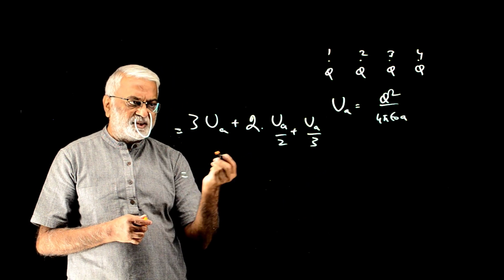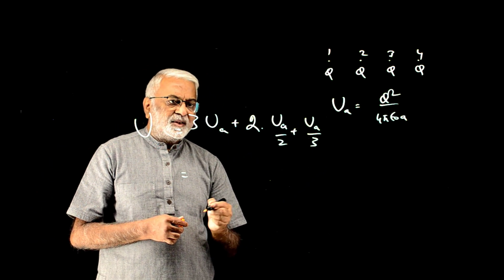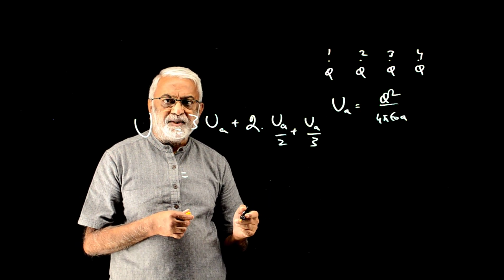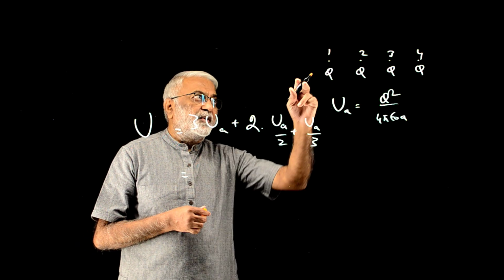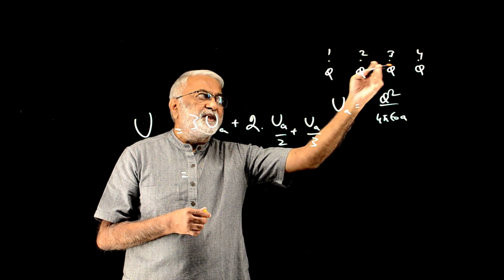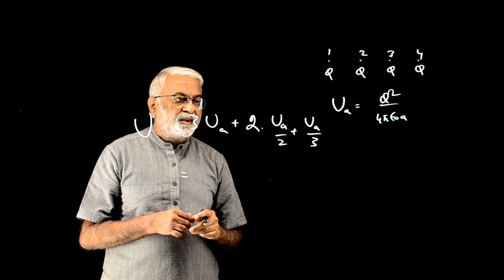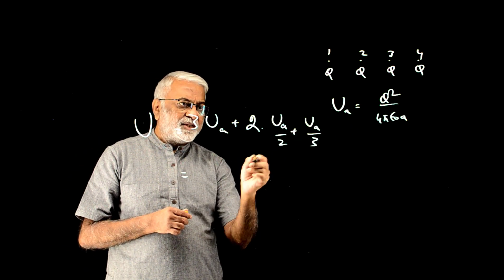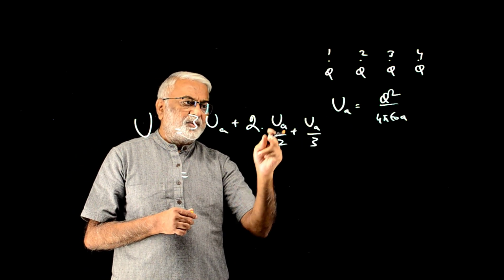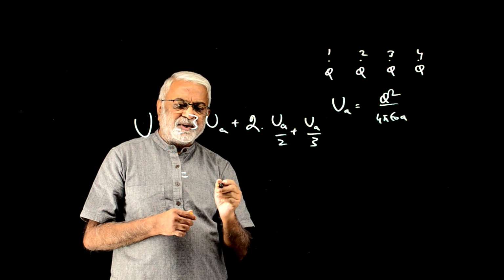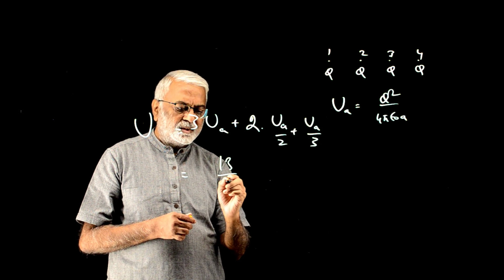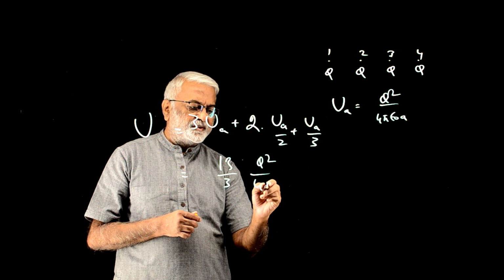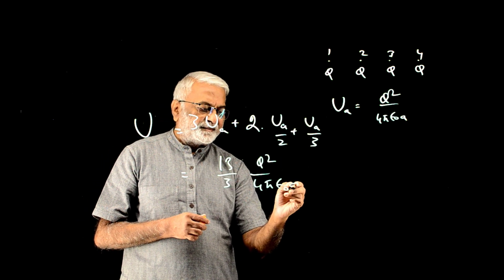This is a much easier calculation, right? So no halving here because we have not duplicated the pairs. That's 1 2 and not 2 1, 1 2, 2 3, 3 4, 3 pairs there. Then this is UA, that's Q squared by 4 pi epsilon 0 A. This is 3 plus 1 plus 1 by 3, 4 plus 1 by 3, 13 by 3 UA.